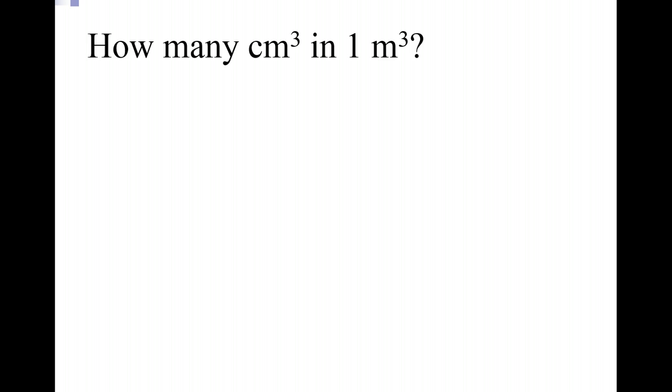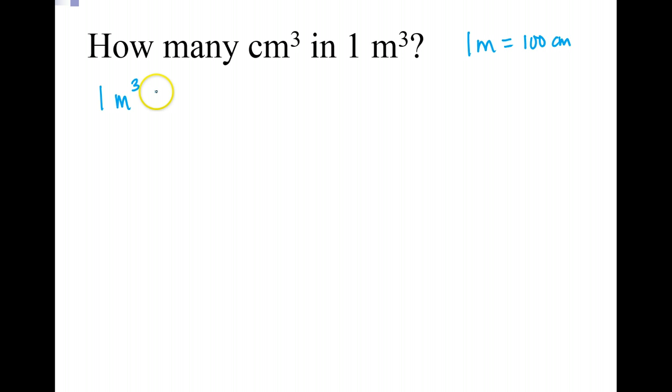In this next example, the complication comes in from the fact that we have a cubed unit. The question says, how many cubic centimeters are in 1 cubic meter? If I just look at how centimeters and meters are related, we know that 1 meter is 100 centimeters.